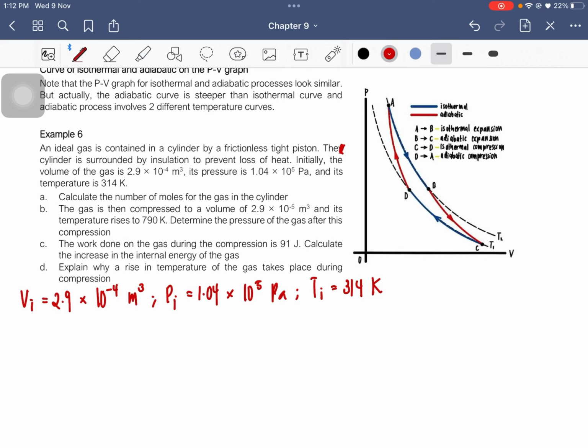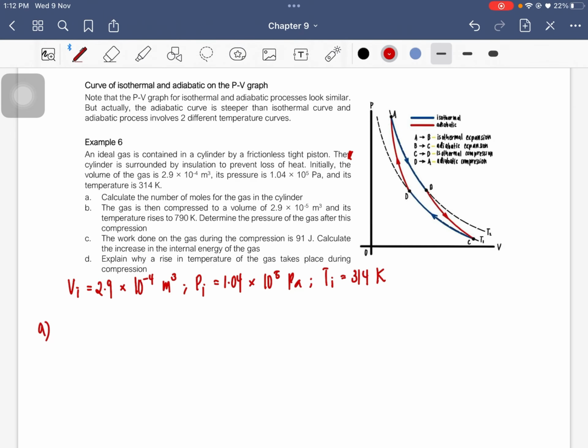Okay, so for this one, we have to apply the ideal gas equation first, because we know we can use PV equals nRT to solve for the number of moles. So the number of moles is going to be, with all initial values. Okay. So if you substitute all the values, you will get 1.16 times 10 negative 2 moles.